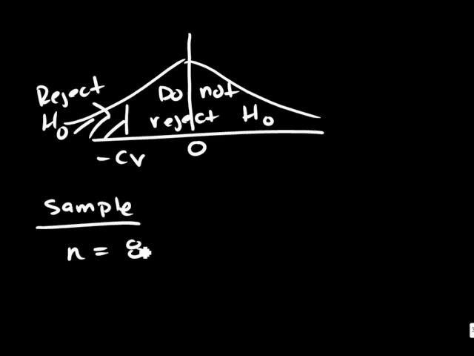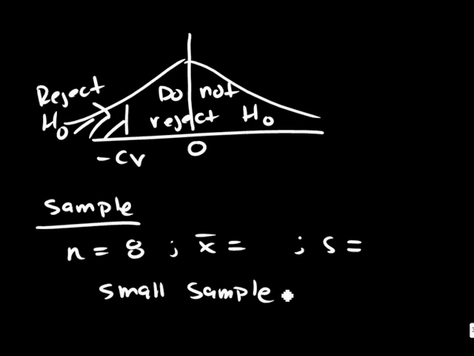The point is we have a small sample. Because we have a small sample, when we create this decision rule, we need to use the student's distribution or the t-table to find our critical values. The level of significance is 1%. So alpha in this question is 1%.